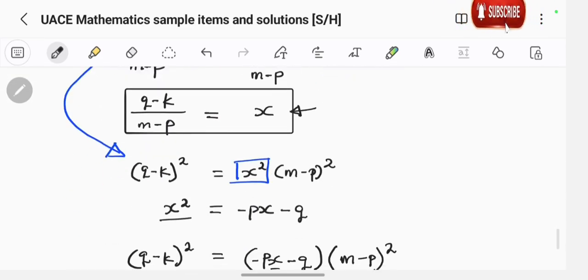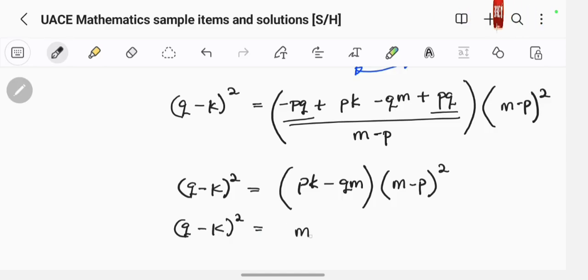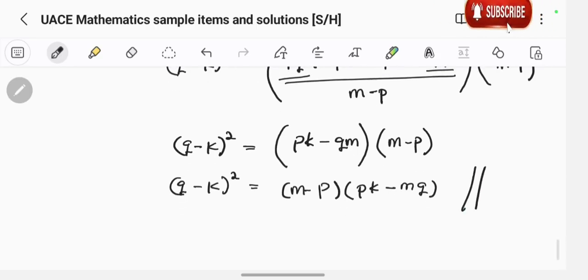Maybe if we try to rearrange it, it's going to be q minus k squared is equal to m minus p, then pk minus mq, as required.